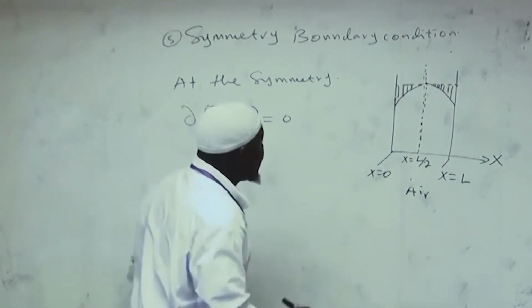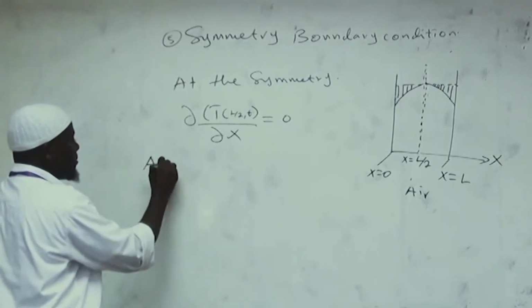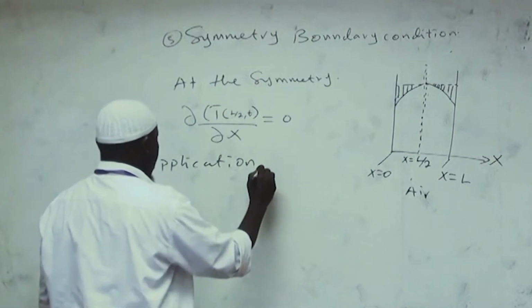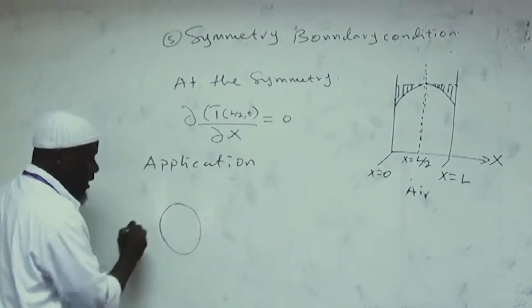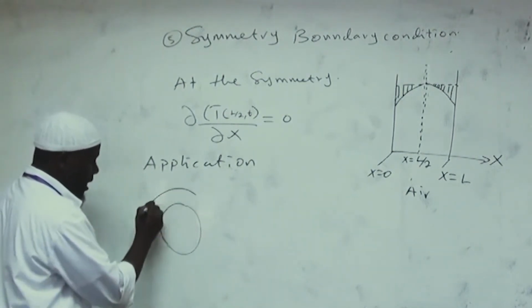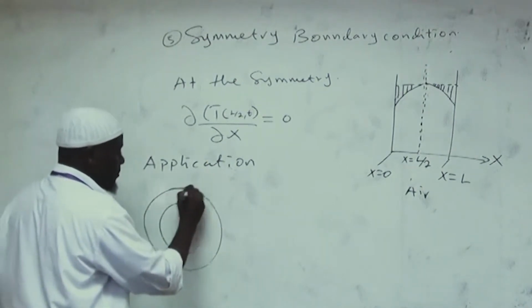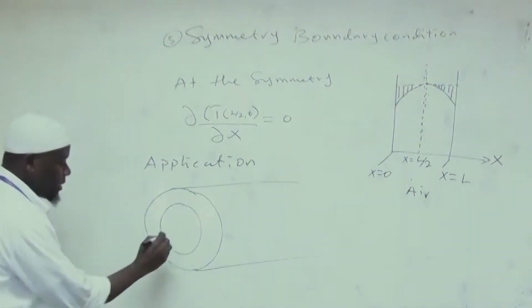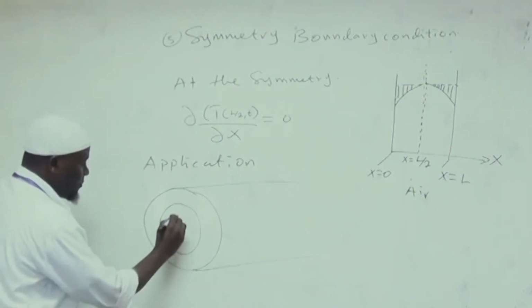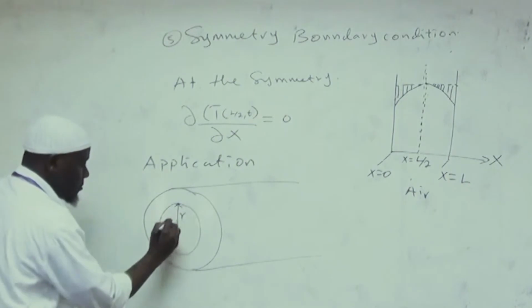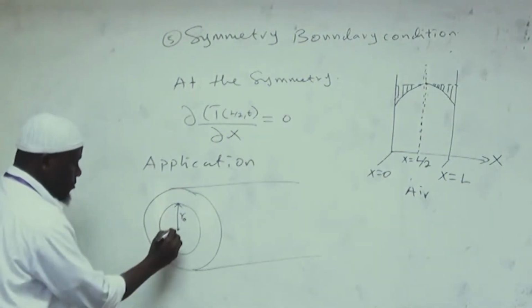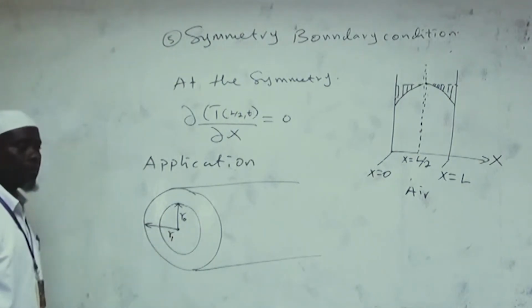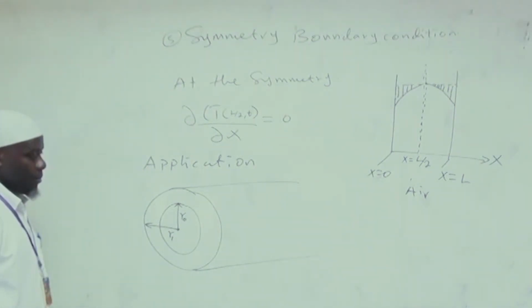And the application for this can be found in a cylinder. We have a cylinder like this, and in this cylinder we have R0 and R1.